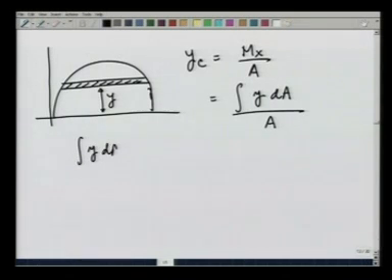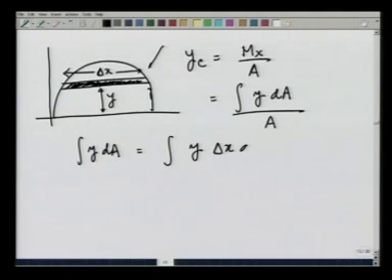Y dA, you can see, is going to be equal to the area of this strip here, times the y. This strip area is going to be this if this distance is delta x, dy, and y varies from 0 to r.